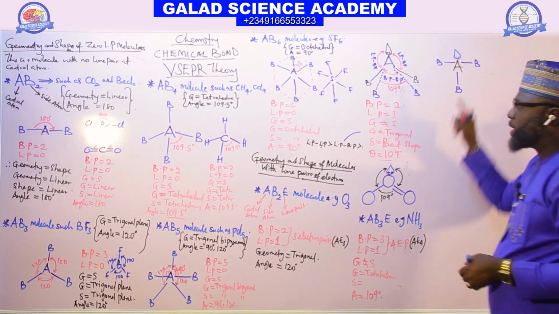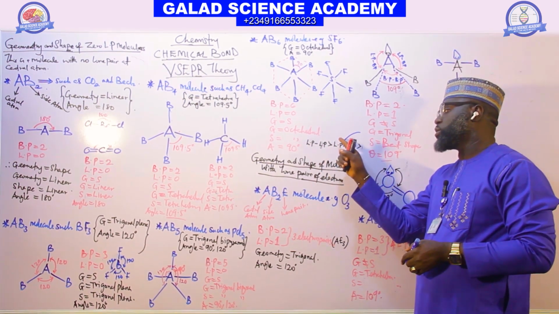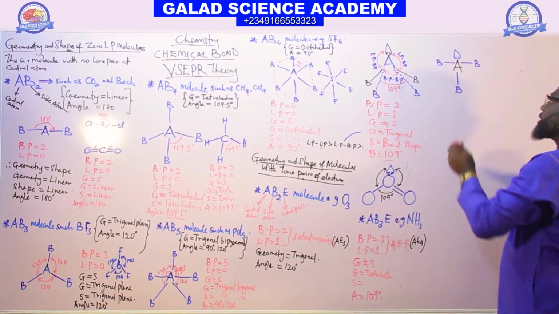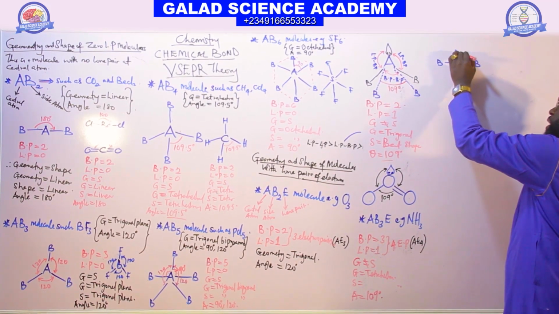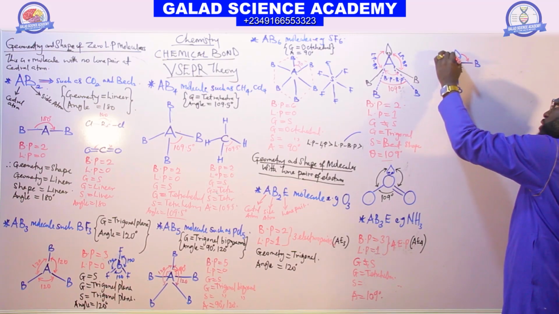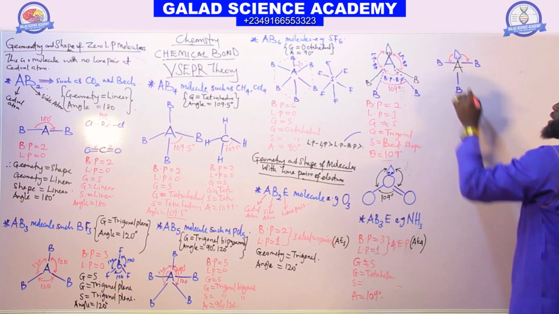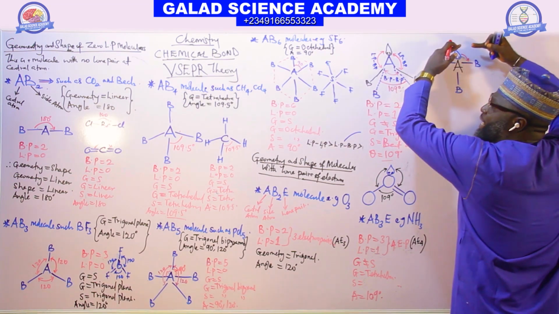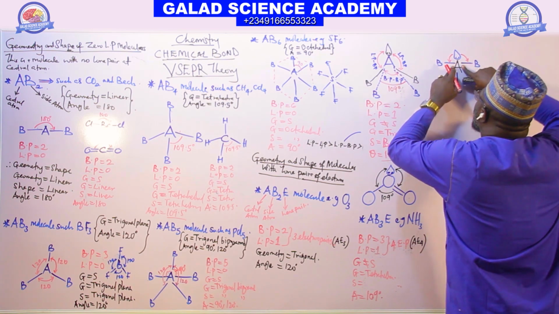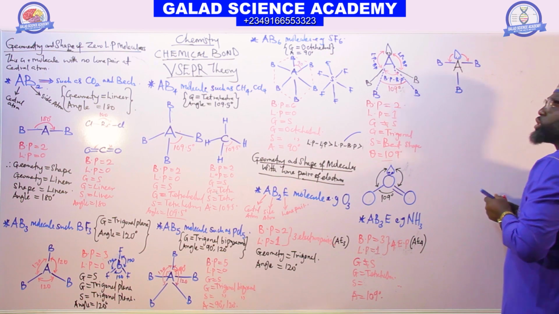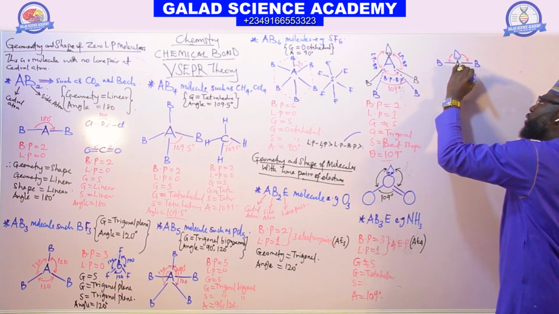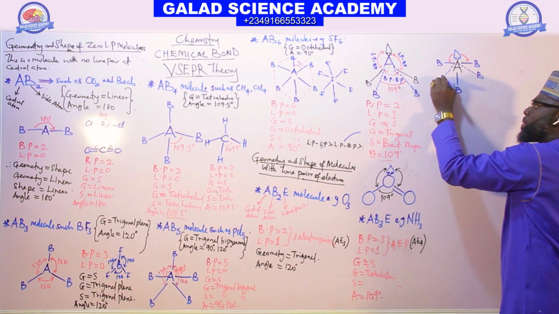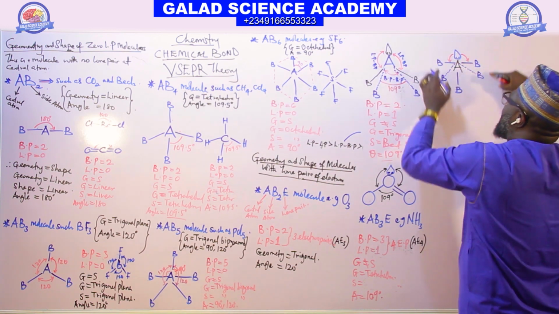For this kind of structure, don't forget, between the lone pair and the bond pair, we have a repulsive force. This lone pair will repel and bend the two bonds here. This will be the new bond formation.